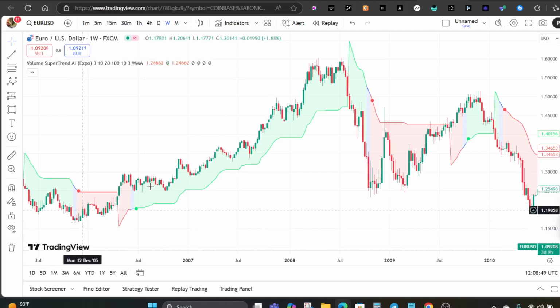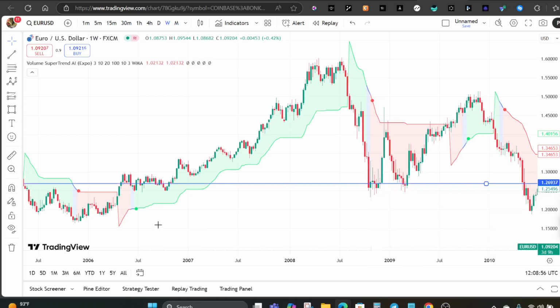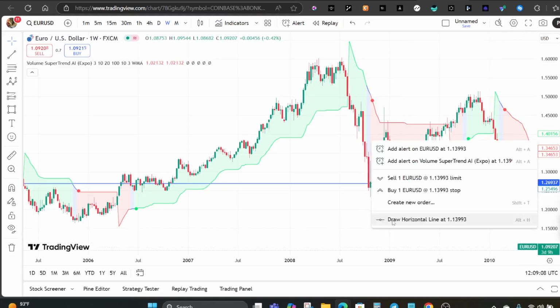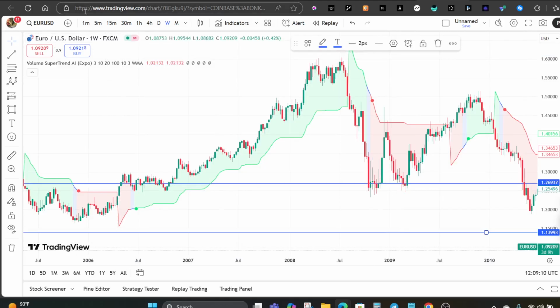So when you notice the green line, you can consider entering a buy trade. Once you get your confirmation, probably around here, after getting this buy signal, our stop loss can be just below the previous swing low.